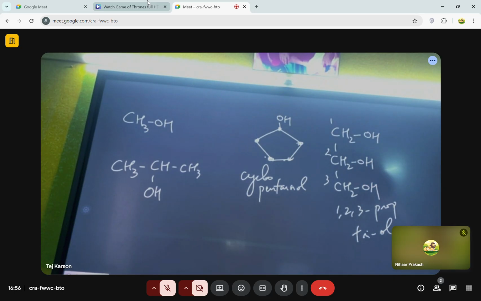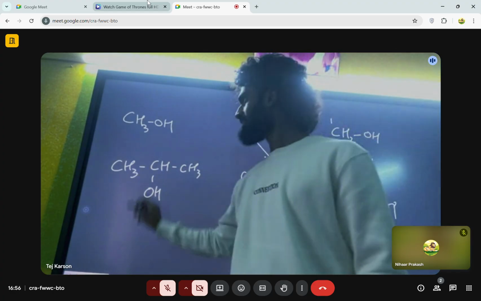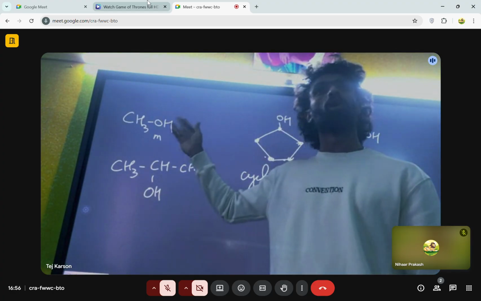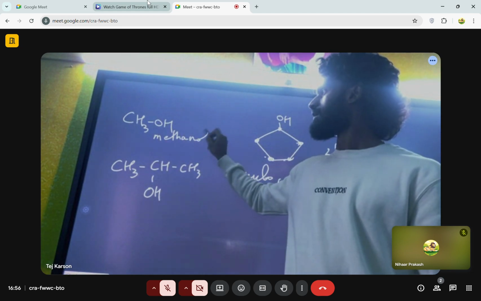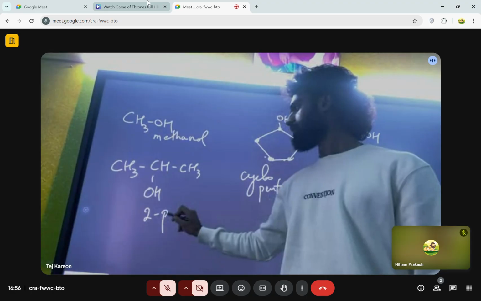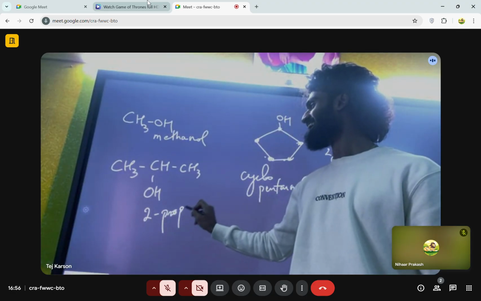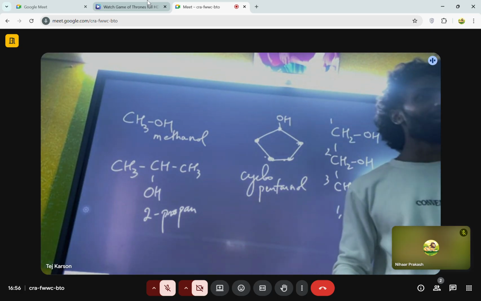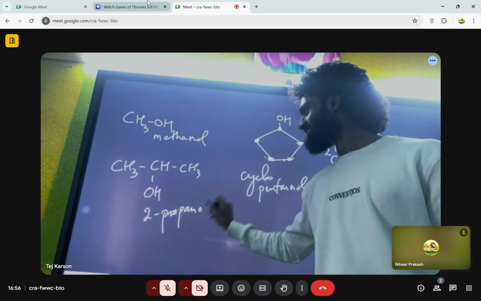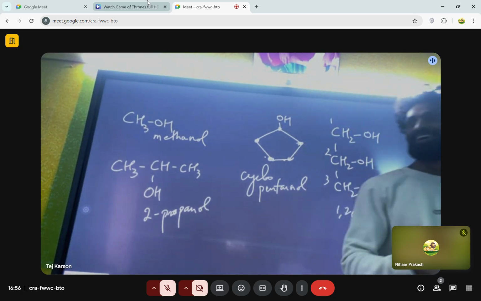Methanol is a common name, methan-1-ol. So methanol is correct. Propan-2-ol, 2-propanol. Propan-2-ol. Propan-2-ol he told.